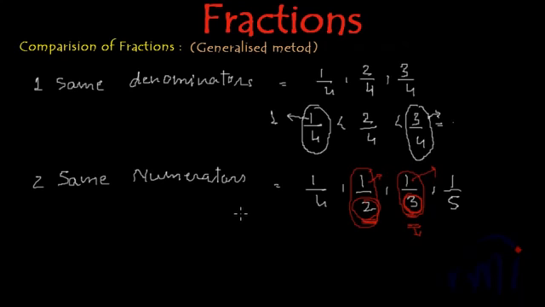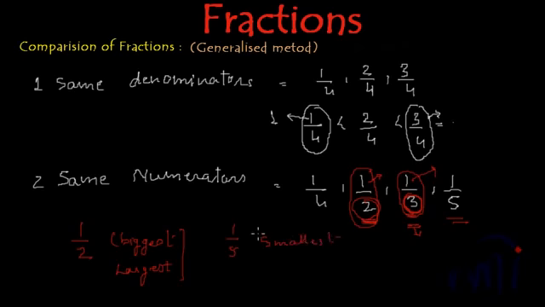So when we have same numerator and different denominators, the fraction which has the lowest denominator, like in this case 1 by 2, will be the biggest or the largest, and the fraction which has biggest denominator like 1 by 5, this will be smallest in the value, right?